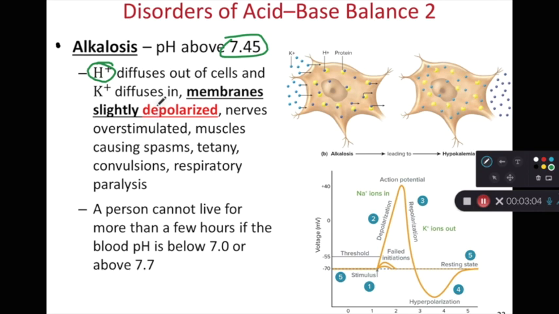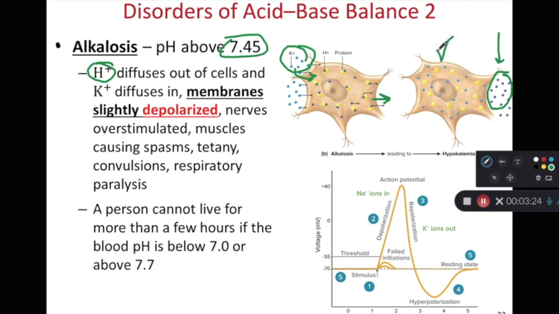As those hydrogen ions move out of the cell, they are displaced by potassium ions. So potassium ions rush into the cell to displace the hydrogen ions that have been rushing out. Now we have more hydrogen outside of the cell to help reestablish pH.